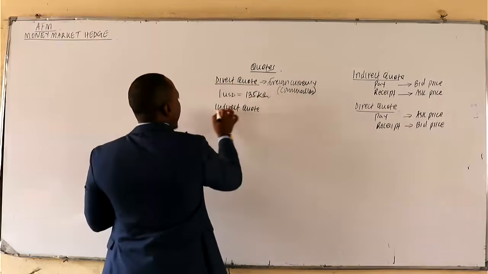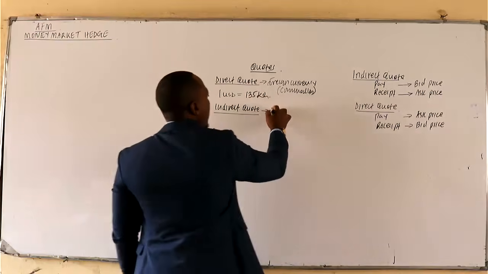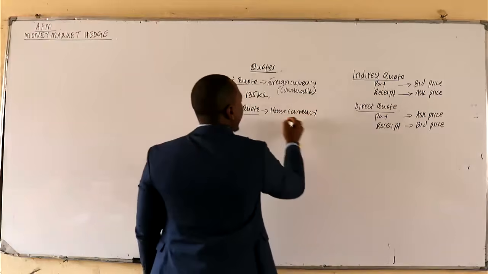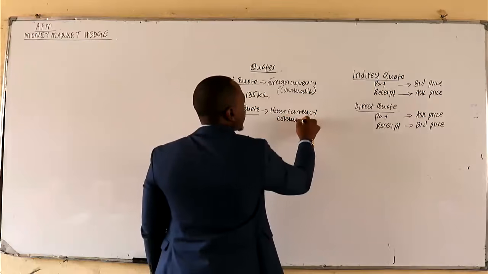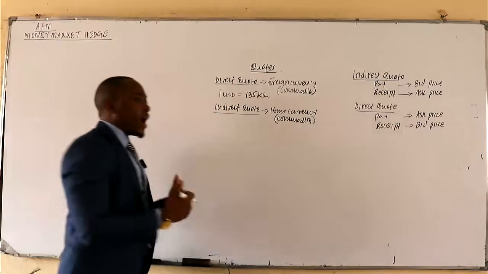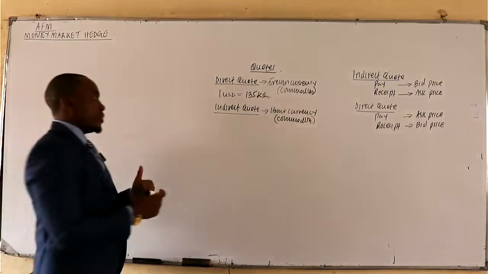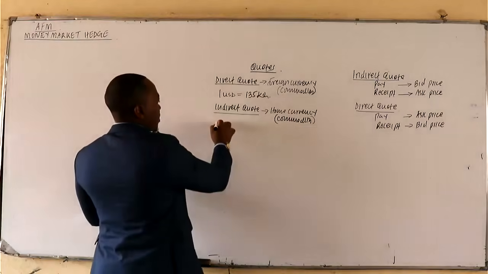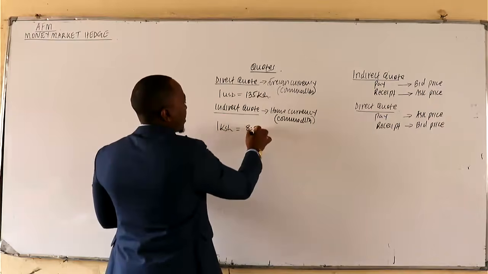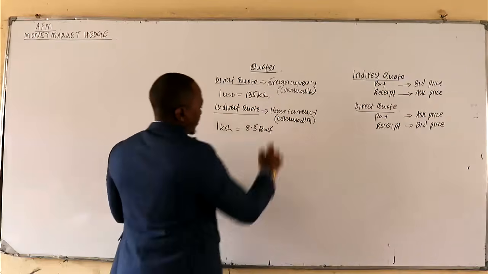Then for the indirect quote, this is where the home currency is the commodity. For example, we're in Kenya and we are told that 1 Kenyan shilling is equivalent to 8.5 Rwandese francs.